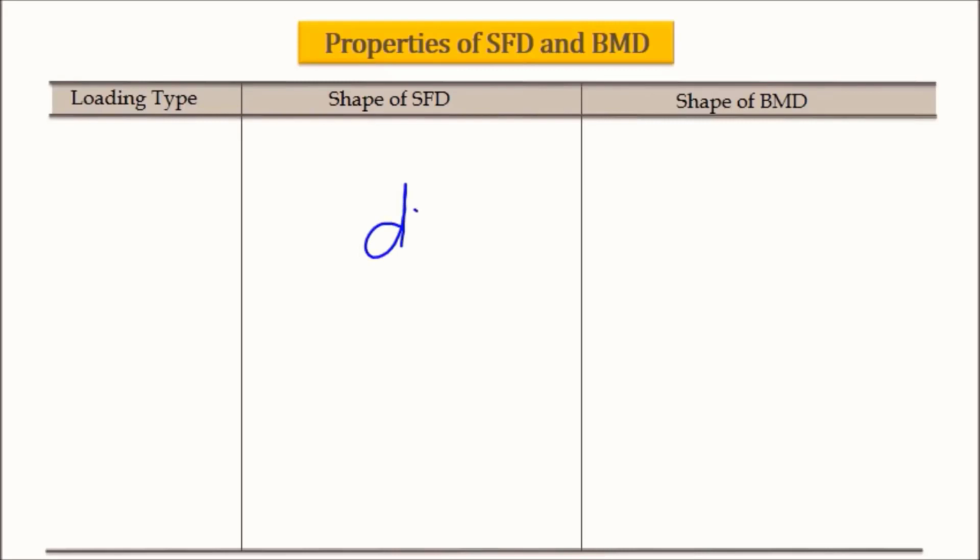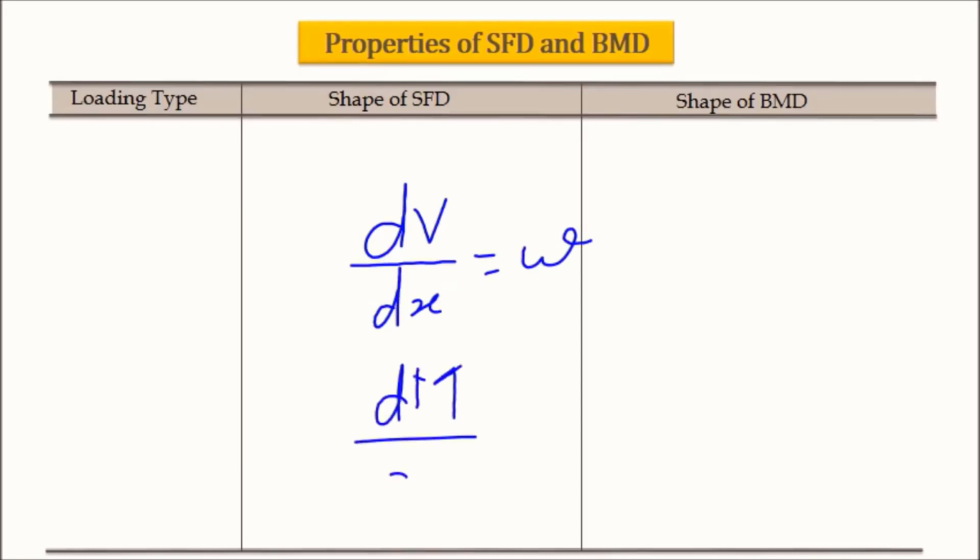First, the derivative of shear force is nothing but the rate of loading on the beam, and the derivative of bending moment is nothing but shear force. Based on these two relations, we have written the relation between loading diagram, shape of SFD and BMD.